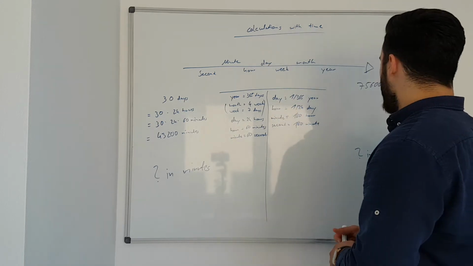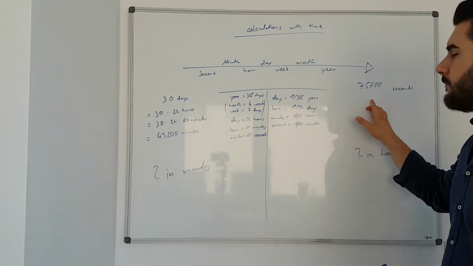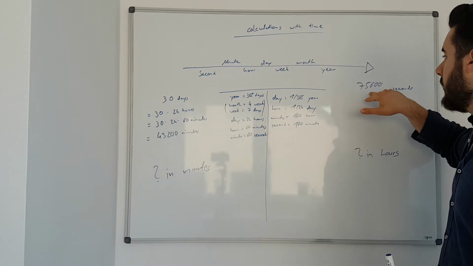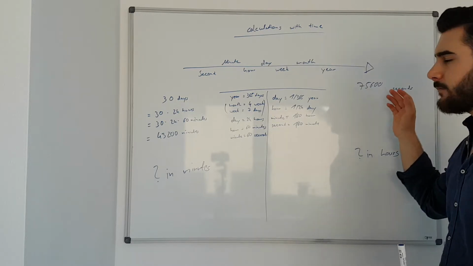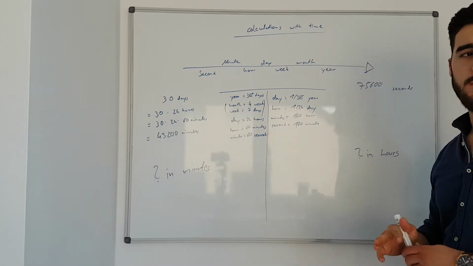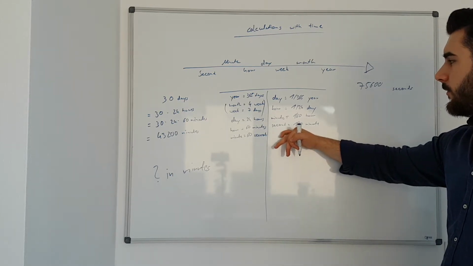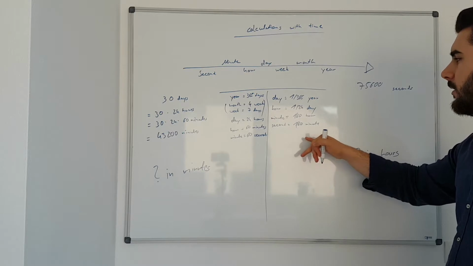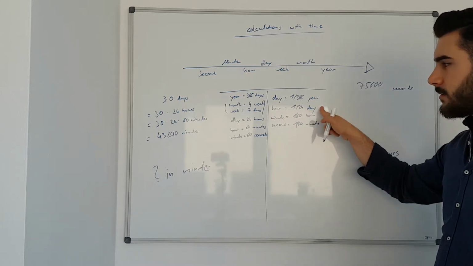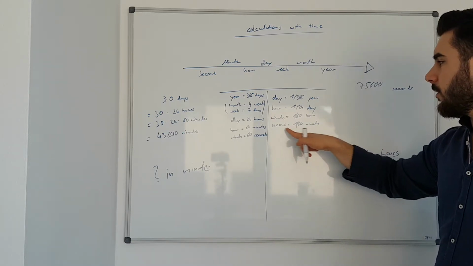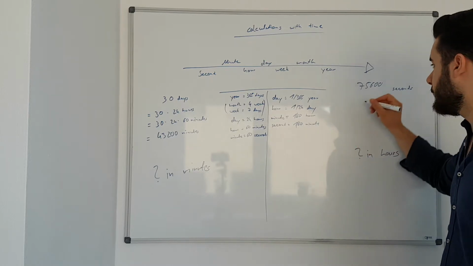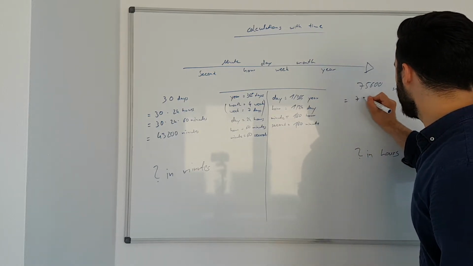We can do the same backwards again. We would start off with 75,600 seconds. How much is that in hours? Again, starting off with seconds, we want to know the amount in hours. So first of all, 60.